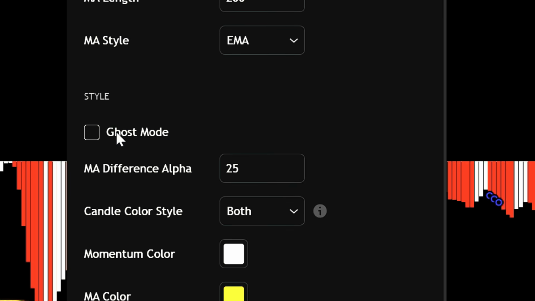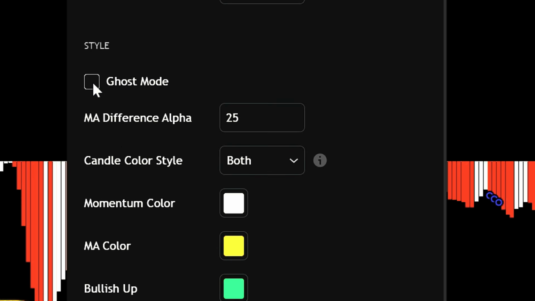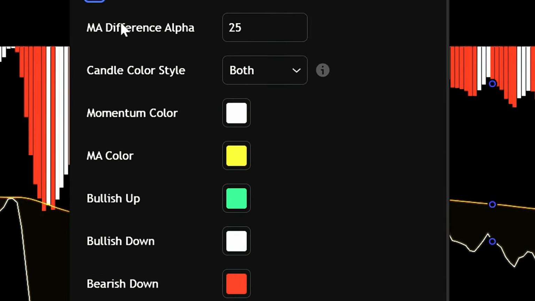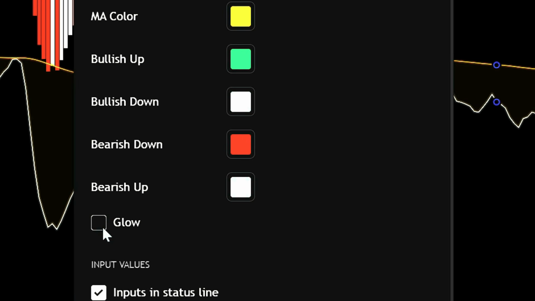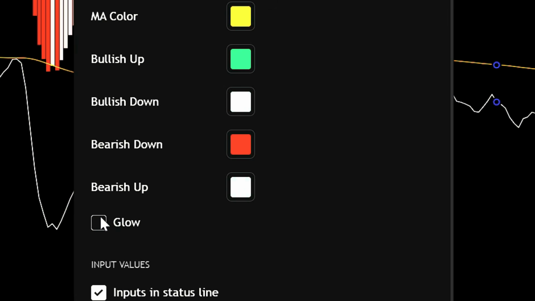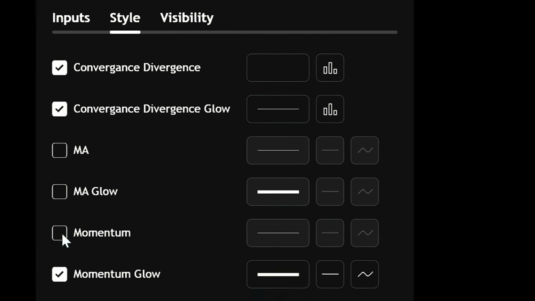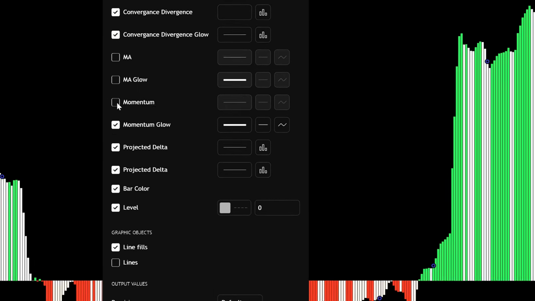Then I turn off the ghost mode and the glue option. Last step, in the Style tab, I uncheck the boxes for MA glue, momentum, and lines to clean up the chart.